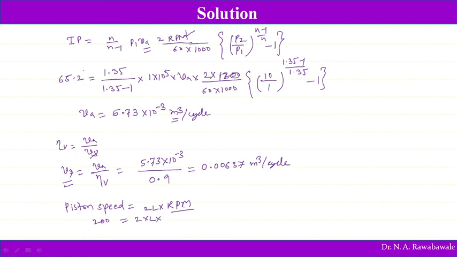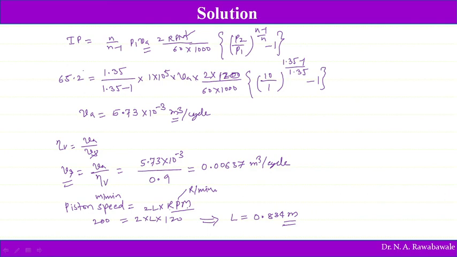Here it is revolutions per minute and here meters per minute, so we need not divide by 60. RPM is 120. From this, we get L equal to 0.834 meter. L is known.